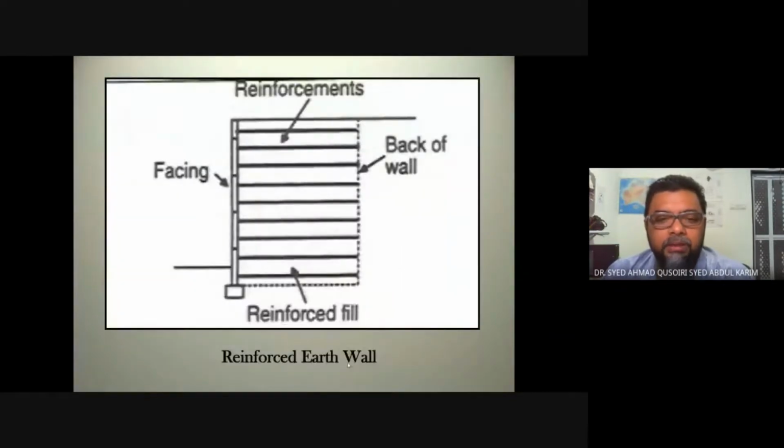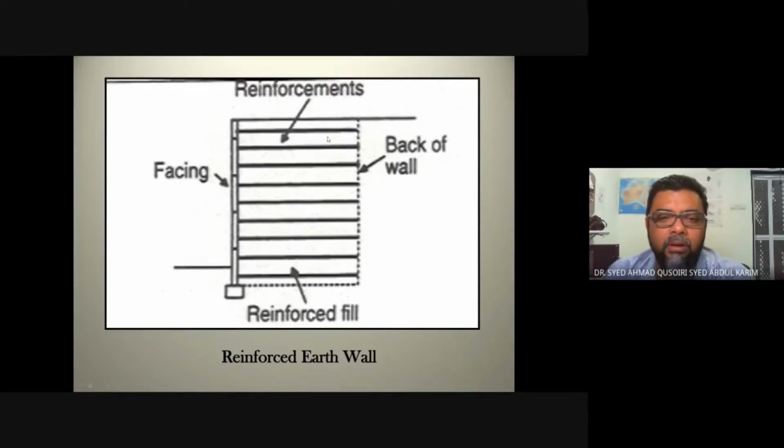So in another example, you can see that the reinforcements are attached to the face of the retaining wall, and they go very deep into the soil. This area will be filled up with material, whether soil or granular materials or whatever.